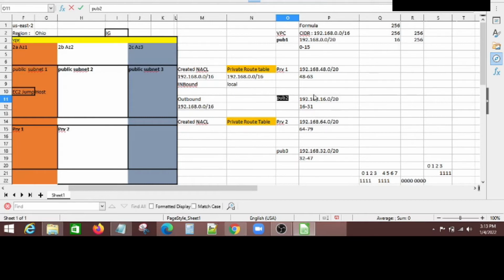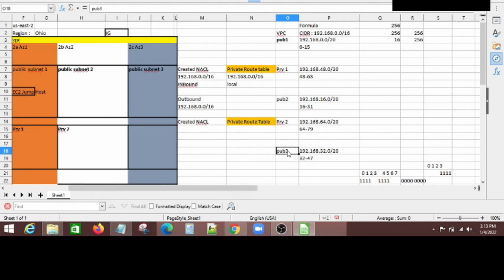If you start at 16, 16 plus 16 is 32, but because we are starting from 16, the variations can be from 16 to 31 in the third octet. This is for public subnet 2.